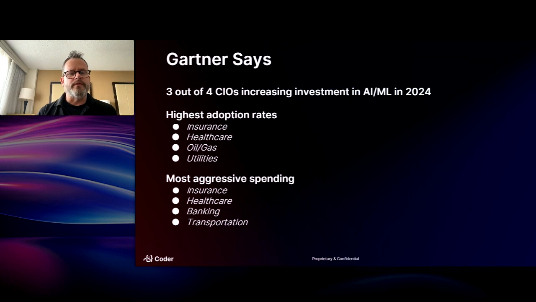And the verticals with the most aggressive spending, the same sort of thing: insurance, healthcare, banking, and transportation. These are not your super high tech companies, but this is where the money is being spent. So if you're in one of these verticals and you think, well, we would like to do it, but we're just not that kind of company, your competitors are doing it already.